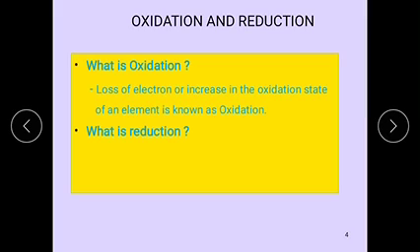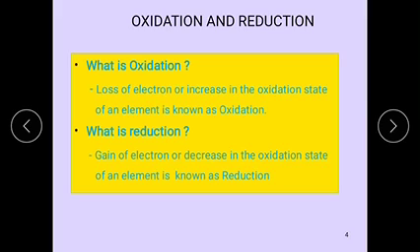And the next one is, what is reduction? Reduction means the gaining of electrons, or a decrease in the oxidation number of an element. This can also be defined as the removal of oxygen or the addition of hydrogen to an atom, element or molecule.